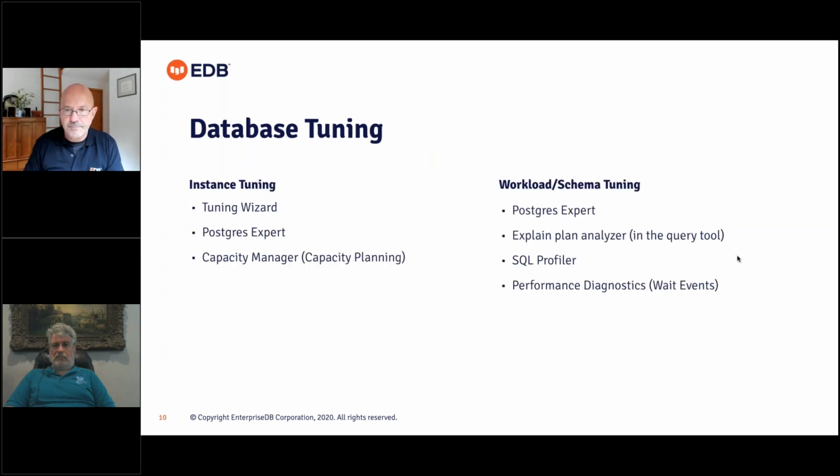The next thing that comes into the picture is database tuning. With PEM, you can tune your database at the instance level, or you can tune your workload or do schema tuning.